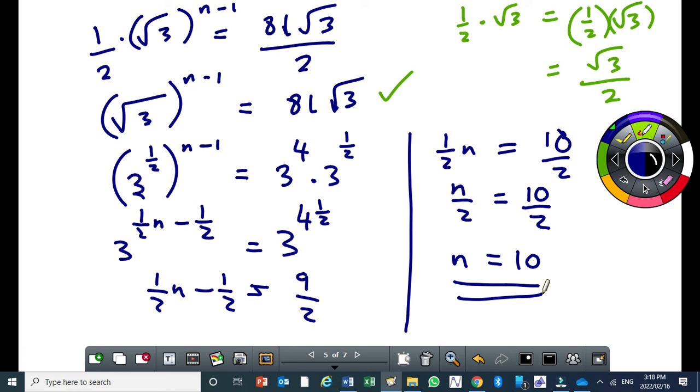Okay, wait. It's 9 over 2. Then when I move on, the denominator is the same, so the numerator is not. It's not. Yes? No. 4 and a half is not 9. It's 9 over 2. 9 over 2?